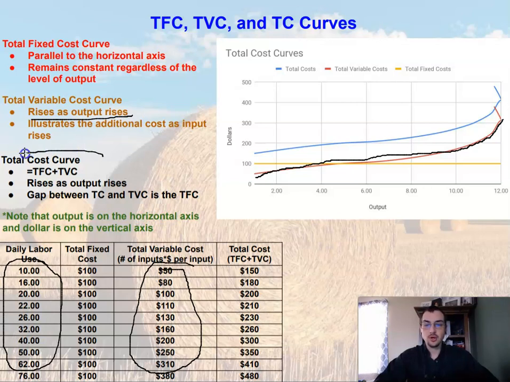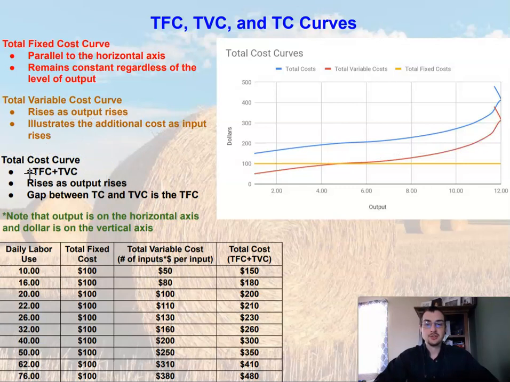And then we get into our total cost curve. Remember, our total cost is equal to the total fixed cost plus the total variable cost. So what do you think it's going to look like? Well, the total fixed cost remains the same, so we can just add $100 onto all of our variable costs, because that's what our fixed cost is. And we come up with this total cost curve.